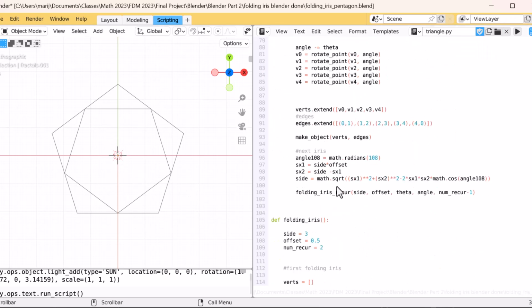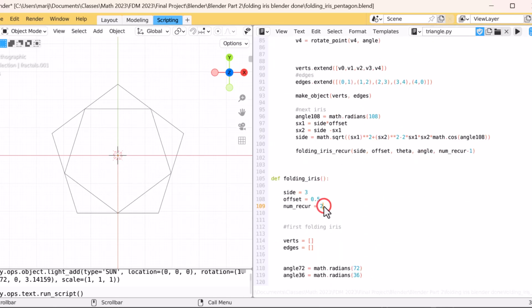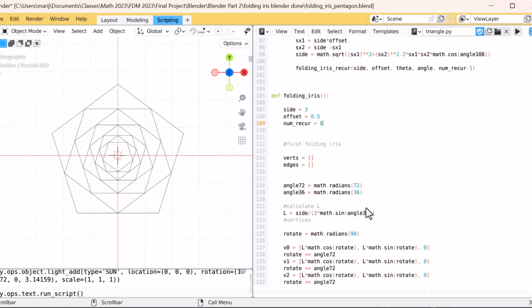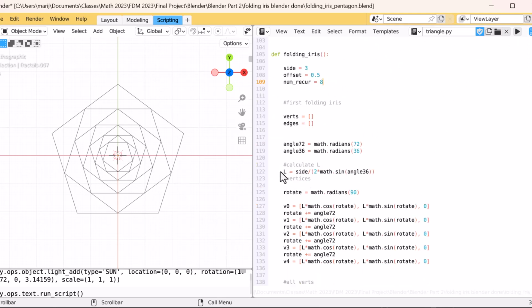Now, everything is set here in terms of the angles. Let me just increase this to 8 maybe. And you see we just keep on going. So the only thing, like I said, you're given this code. The only thing you have to do is change it for your polygon. You have to change these angles, and they're going to be the same for a hexagon or an octagon.